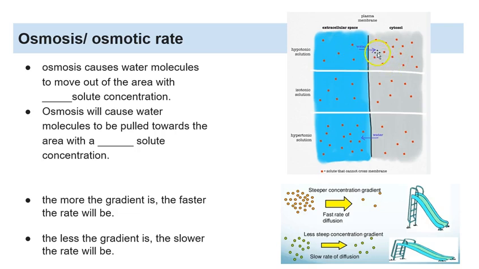If you compare the solution inside the cell to the solution outside, the outside has less solute. We call this a hypotonic solution, which means it has less solute but more water in comparison with the solution inside of the cell.